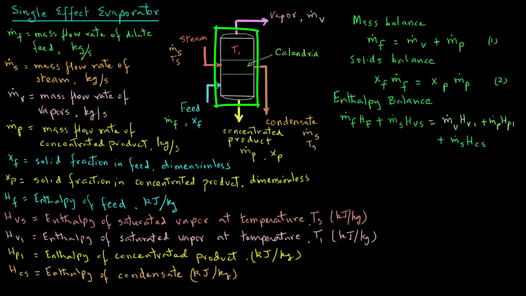Again, note that the heating is done in an indirect manner, so all the mass of the steam entering this heating chamber leaves as condensate after it condenses into liquid water. So the mass flow rate of the steam, m dot s, is the same as the mass flow rate of the condensate as we see on our schematic.